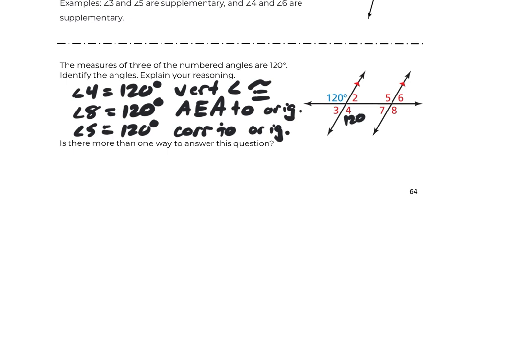Is there more than one way to answer this question? Well, let's think about this. If I said angle 8 is alternate exterior to this, angle 8 is also corresponding to 4, right? So I could say something like angle 8 is corresponding to angle 4.